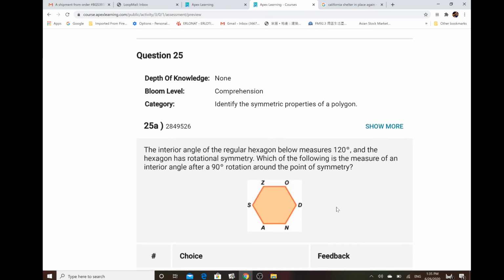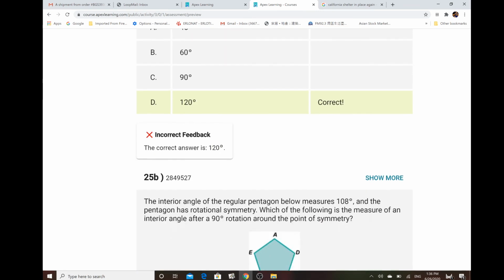25. The interior angles of a regular hexagon below measure 120 degrees, so each angle is 120 degrees. And the hexagon has rotational symmetry. Which of the following is the measure of an interior angle after a 90-degree rotation around the point of symmetry? When one rotates, the measure of the angle still remains the same. So that means it's still 120 degrees.